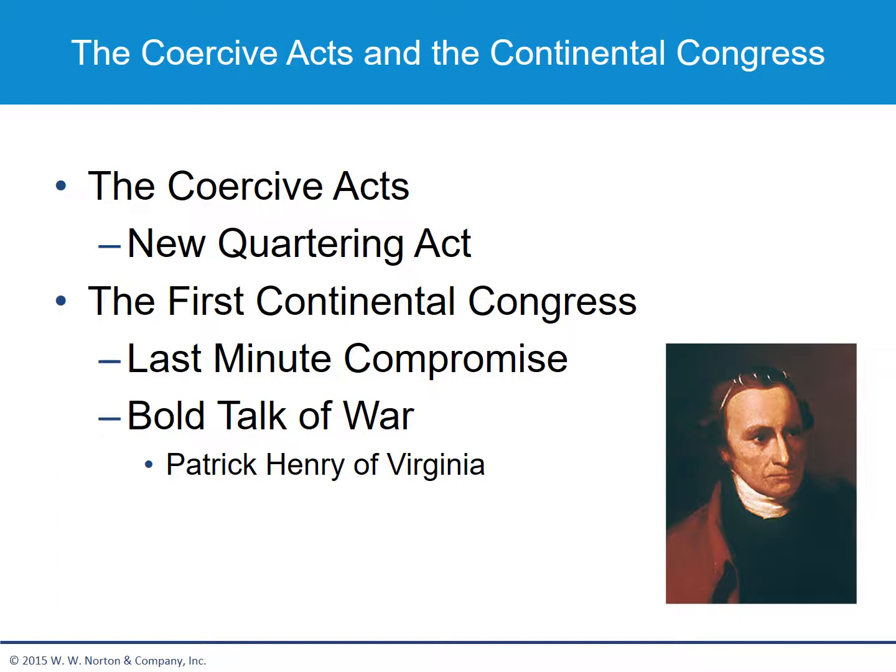They think that the colonists are really getting out of hand and they have to show their strength or they're going to lose control of the colonies. And basically the coercive acts were designed to scare the other colonies by placing very severe punishments on Boston. They were hoping to scare the other colonies into doing the right things.